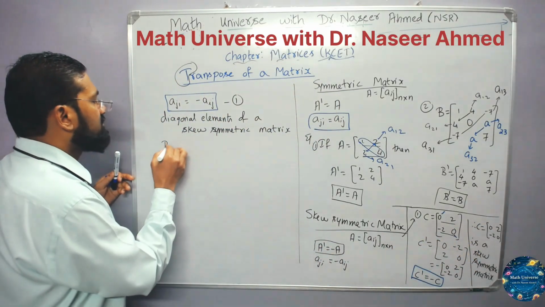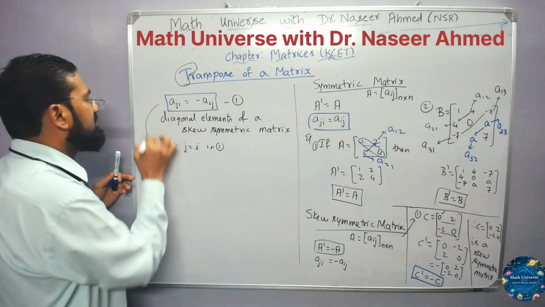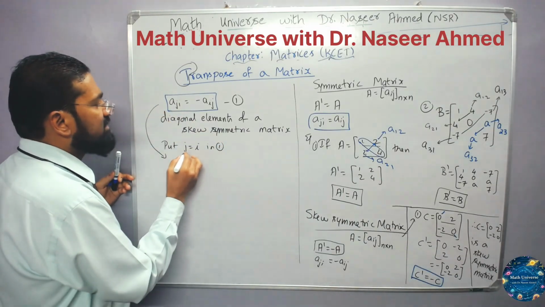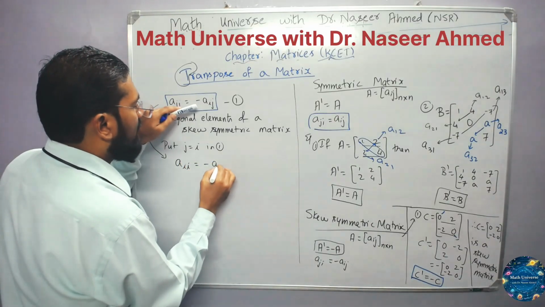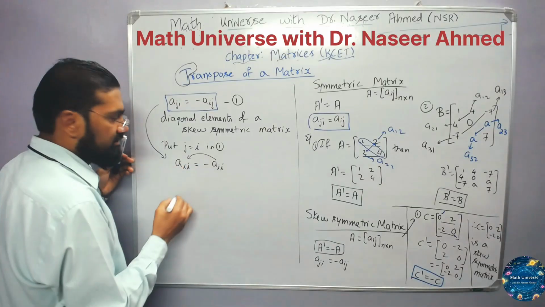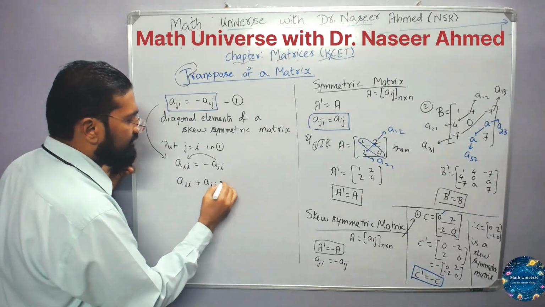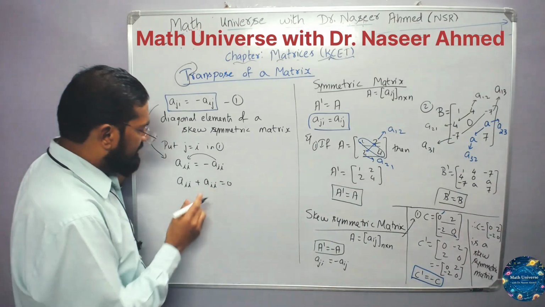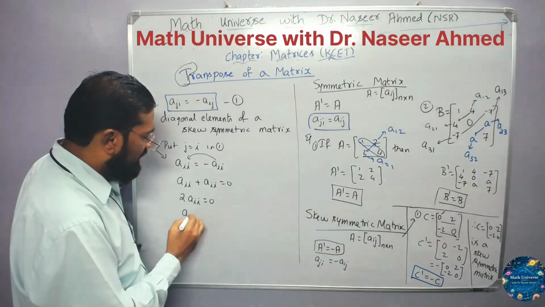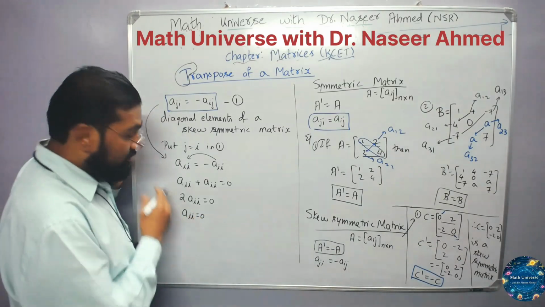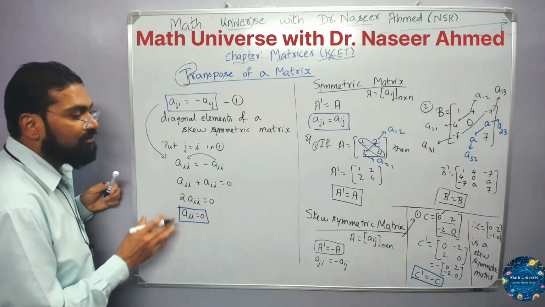So if I put j is equal to i in equation number 1, this will turn to be Aii is equal to minus Aii. If I transpose this, minus Aii changes to plus Aii is equal to 0. So I can add these two, I'll get 2 times Aii, or this will be Aii is equal to 0. So very, very important. This implies the diagonal element should always be 0.